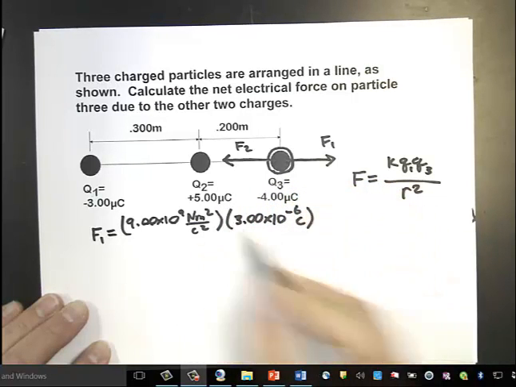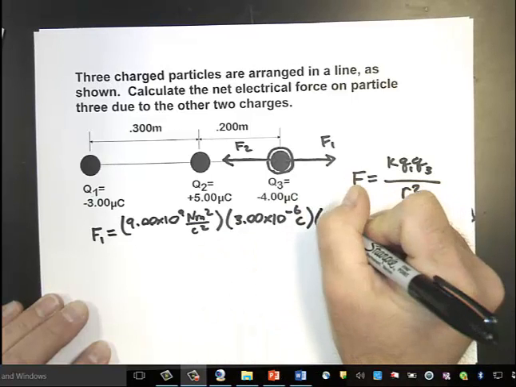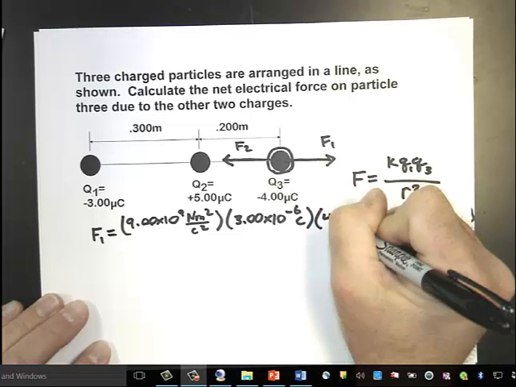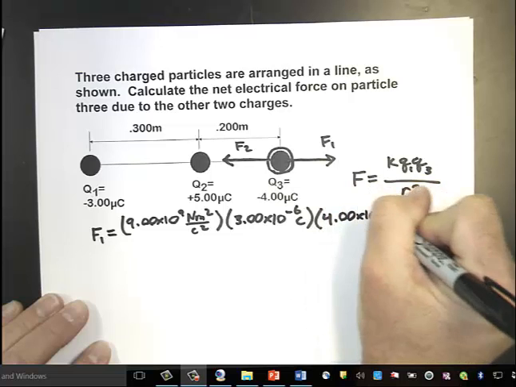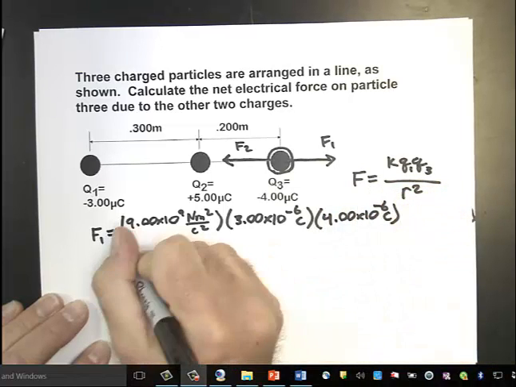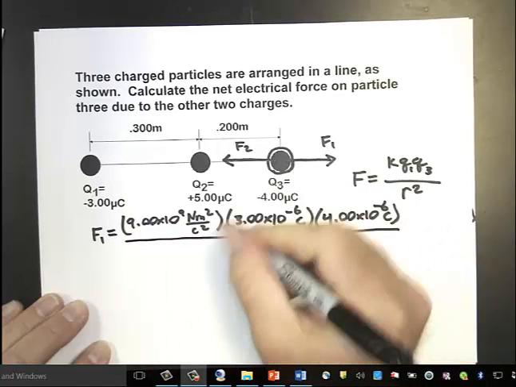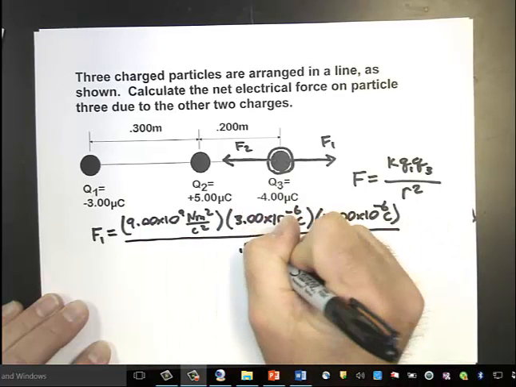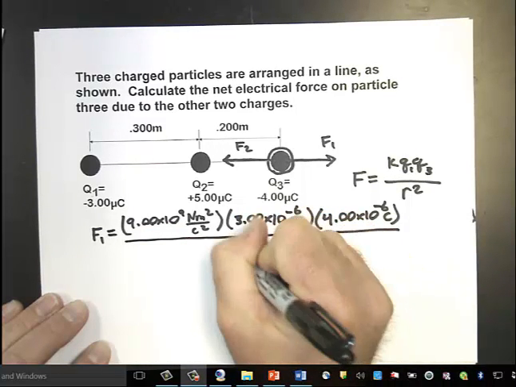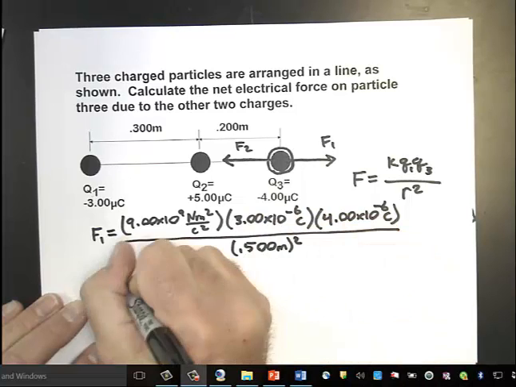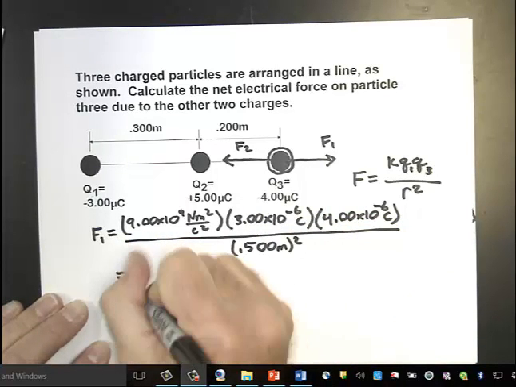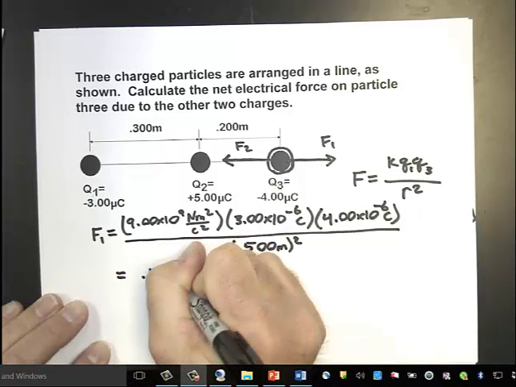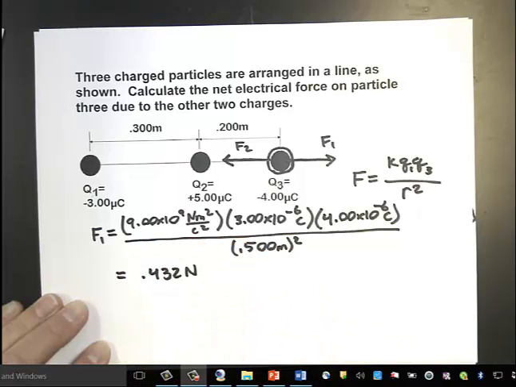Notice I don't even bother putting the sign there. Q3 is 4 times 10 to the minus 6 coulombs. Distance, half a meter squared. Result, punch it through, 0.432 newtons. Okay, notice it's in the positive direction. The answer is positive 0.432.